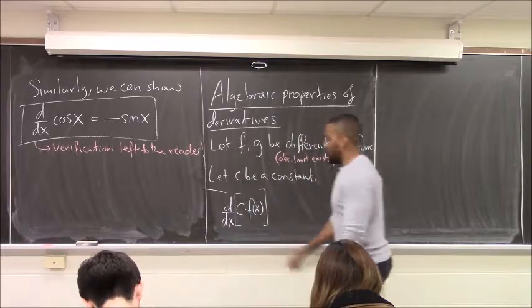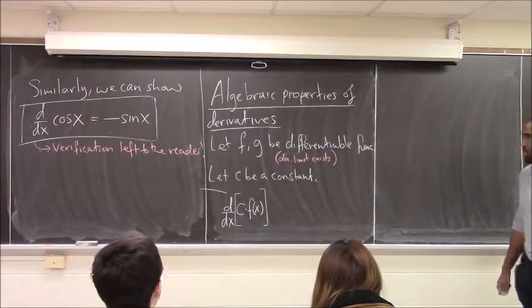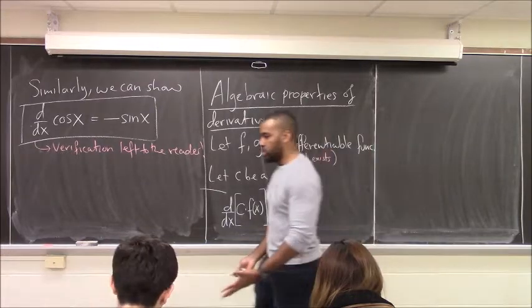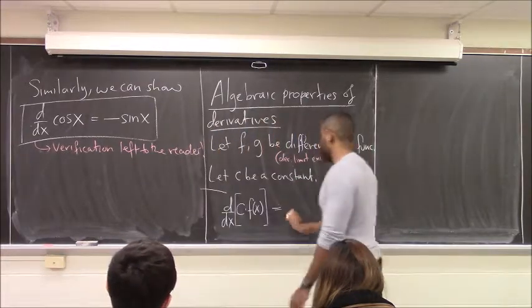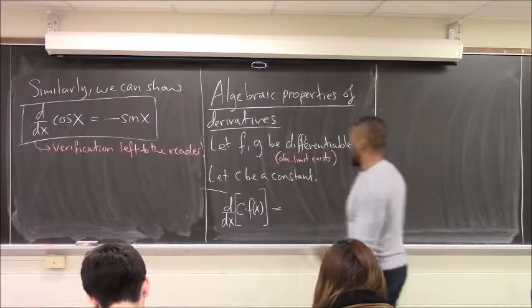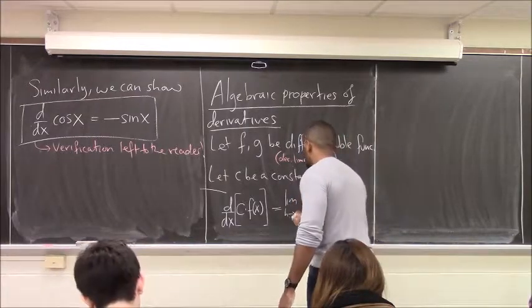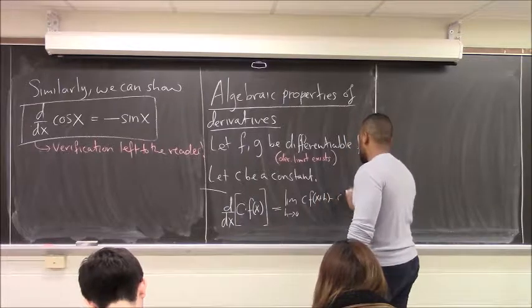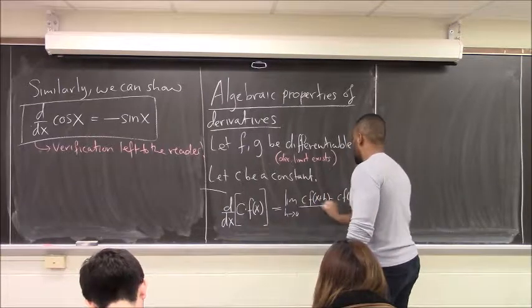This is, how does the derivative deal with scalar multiplication? If I take a function and multiply by a constant, how does the derivative behave? Well, we can actually use the definition here. This is actually going to be the limit as h approaches 0 of f of x plus h minus f of x all over h.